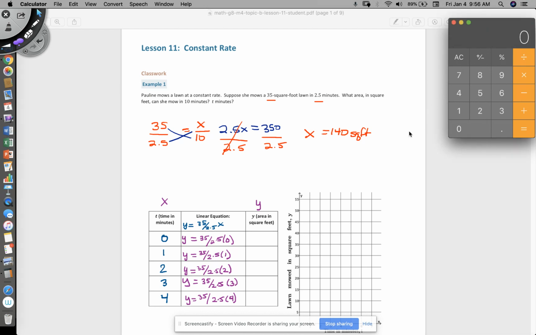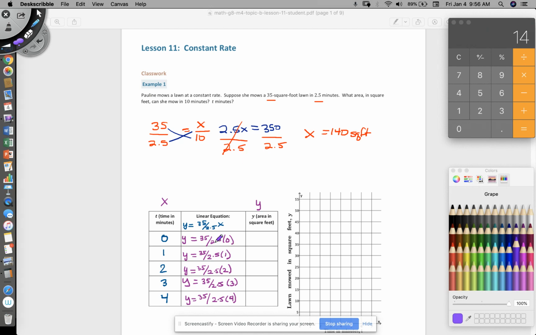So the first thing we want to do is go ahead and just divide that 35 by 2.5. It's going to give me 14. So if you think of it this way, since those divide out as 14, then we just multiply that to the value of x, okay? So here we go.